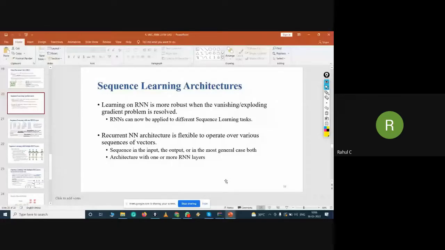So if your sentence is of limited size, that means if your sentence has a maximum of 10 words, you can use RNN for different applications. Why? Compared to LSTM and GRU, the architecture complexity is less in the case of RNN.